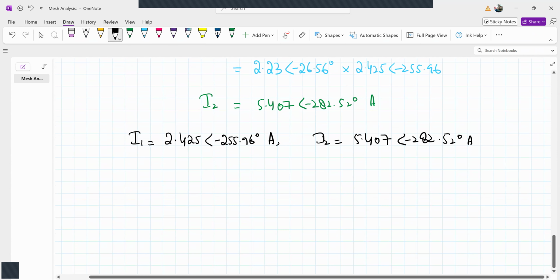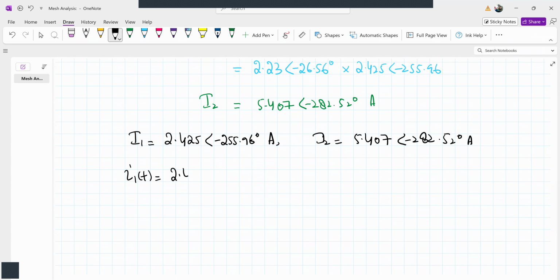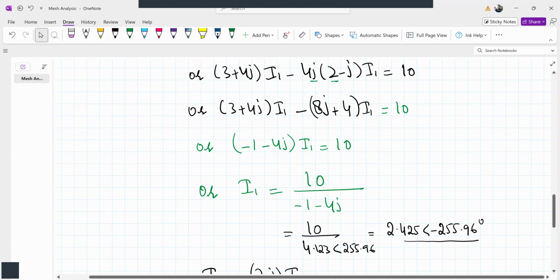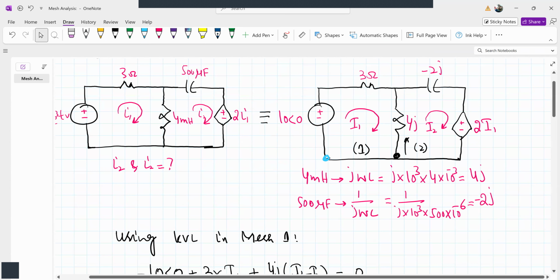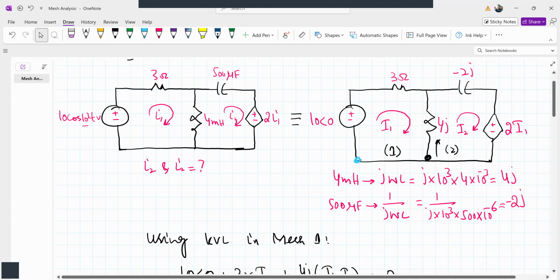So we can write the time domain from this. Amplitude is 2.425. Cosine of, what's our source? Source is cosine of 10 to the power of 3t. So we can convert it.